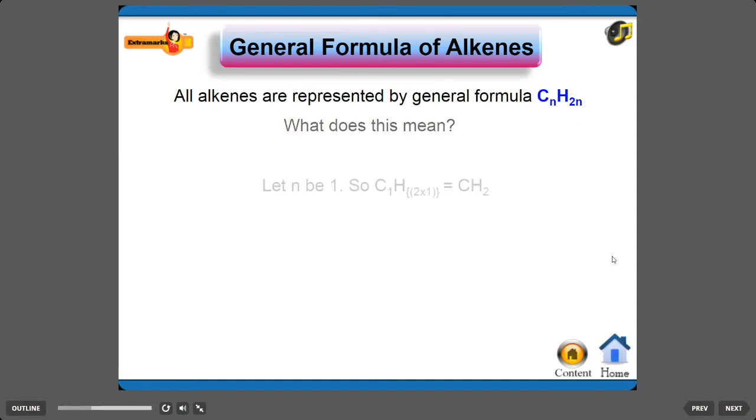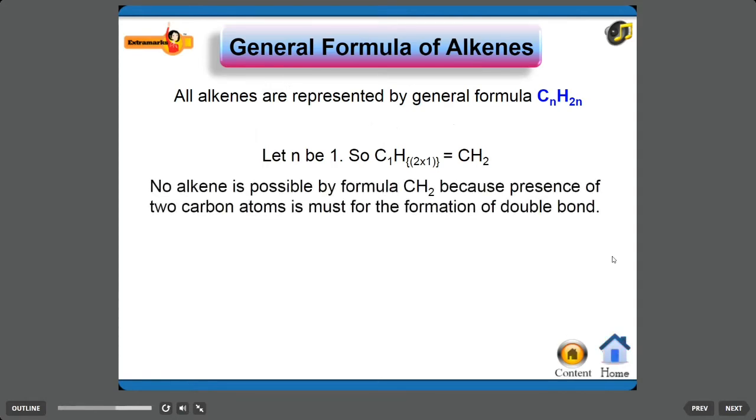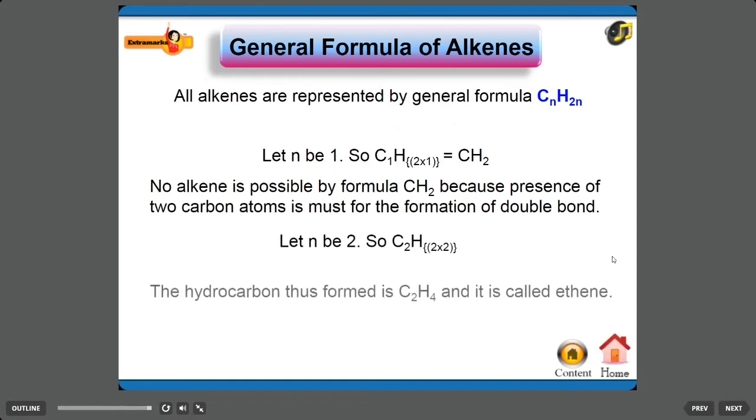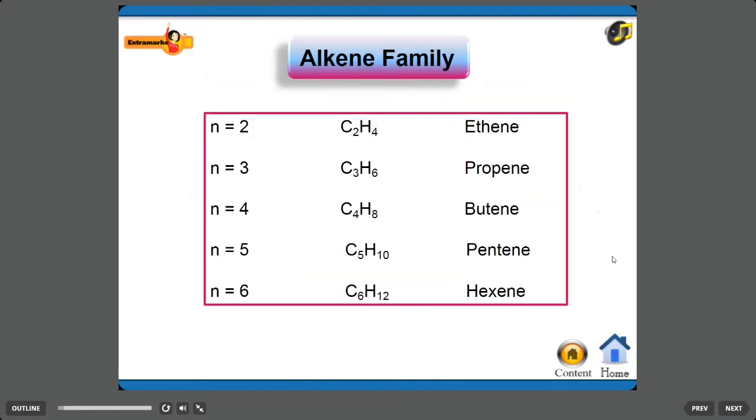What does this mean? If n is equal to 1, then we get the formula of the first alkene as CH2. But no alkene is possible by the formula CH2 because the presence of two carbon atoms is a must for the formation of a double bond. If n is equal to 2, then the hydrocarbon thus formed is C2H4 and it is called ethene. The names and molecular formulae of the first 6 alkenes are shown in the given table.